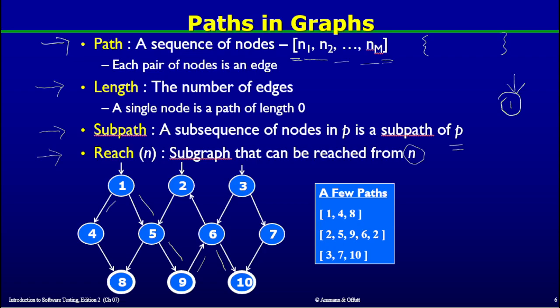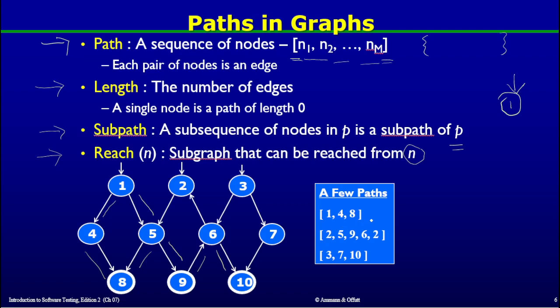All these edges that go out and take us to other nodes form the set of nodes and edges, or the sub part of the graph, that can be reached from node 1.